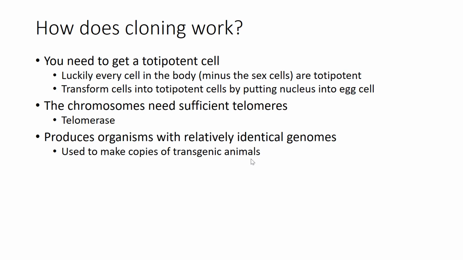And rather than waiting around for those transgenic animals to reproduce normally, you can clone them and produce dozens and dozens, even hundreds of copies of those individuals without waiting around for them to reproduce normally. So that's originally why cloning was produced, and that is still a use of cloned animals.